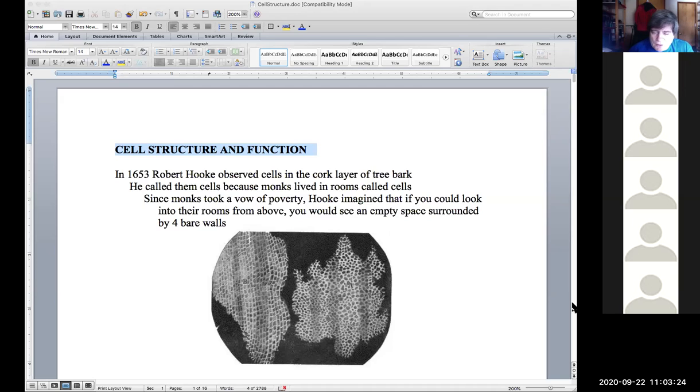So we'll look at cells, we'll look at how cells communicate with each other, how things get in and out of cells. And a lot of times communication requires something to get into a cell. And the other thing we'll talk about a little bit in this section is viruses. Remember what we said in the first chapter, viruses aren't made of cells, so they're not considered to be alive.